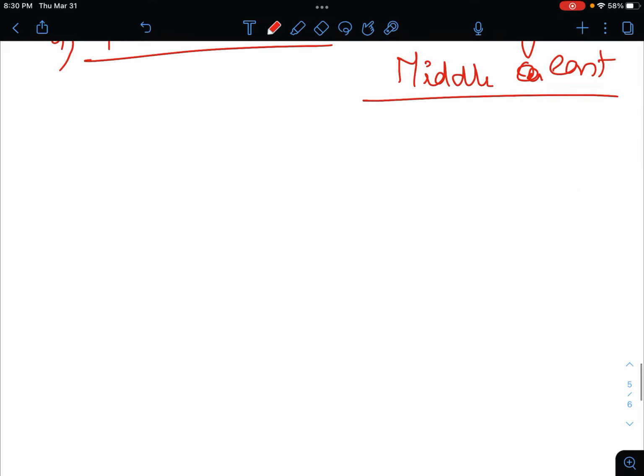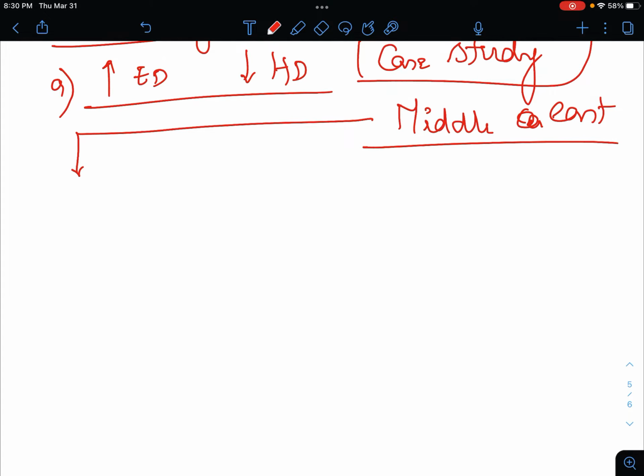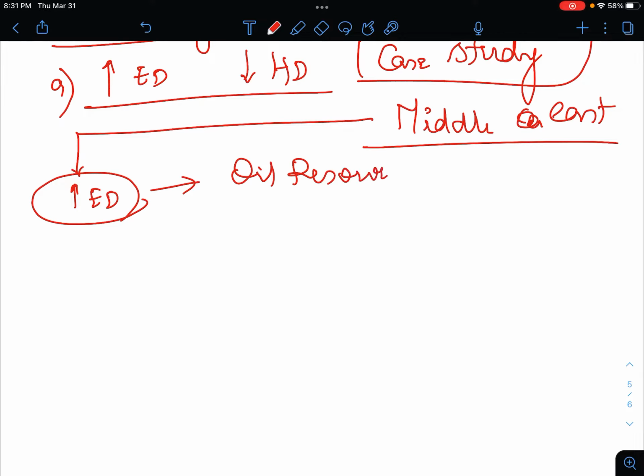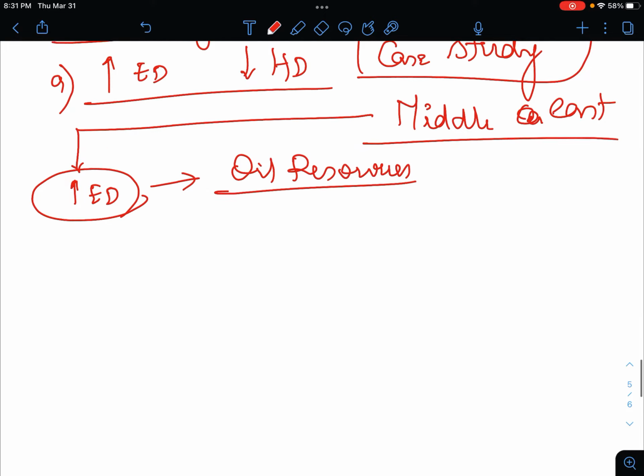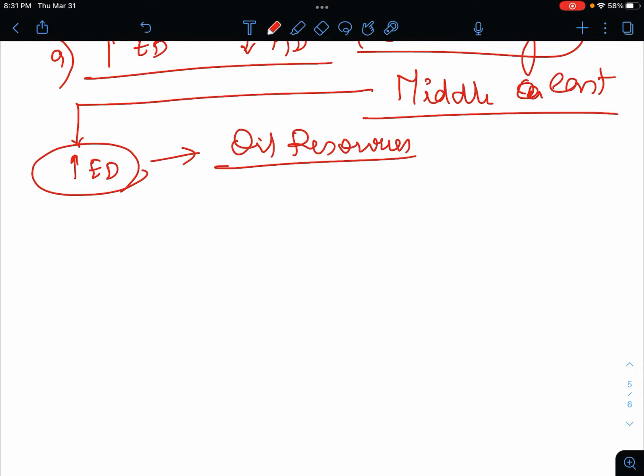Why? See, in Middle East, the reason for high economic development and low human development, high economic development, they have oil resources which literally fueled their economy for so many decades. Okay, so they earned so much of foreign exchange.